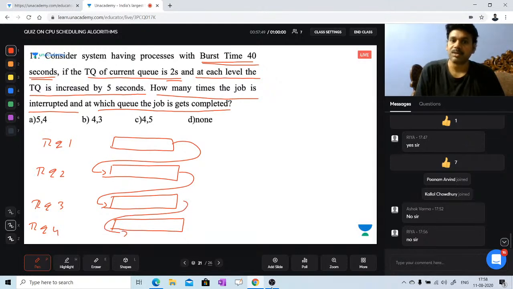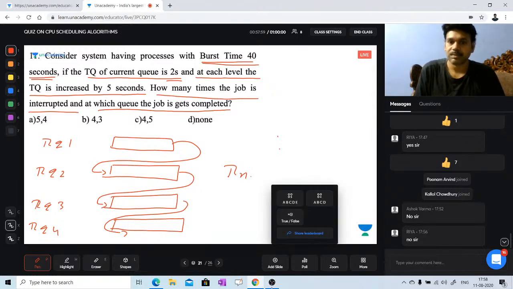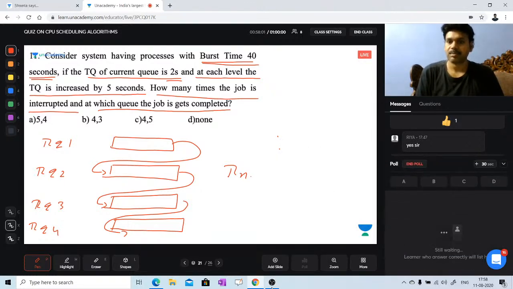And it goes on up to queue n. Now take the poll: how many times did the job get interrupted, and at which queue did the job get finished?